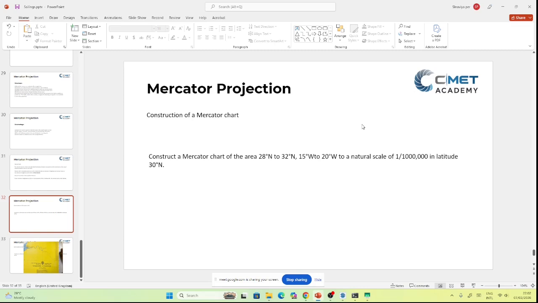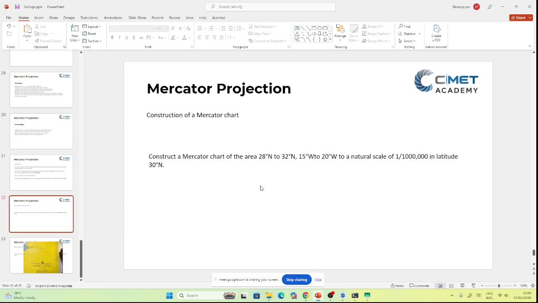So since the natural scale is given, we need to find out the distance of D long at 30 degrees north. So we need to find out the distance of D long at 30 degrees north.